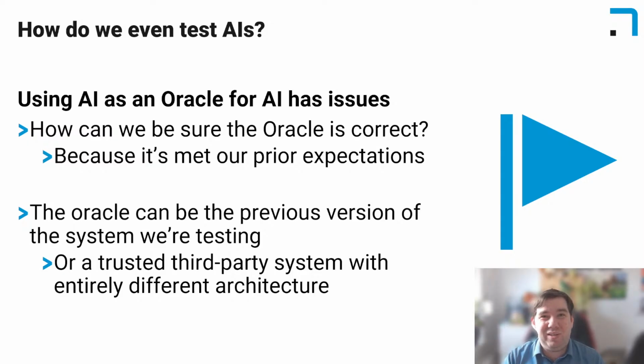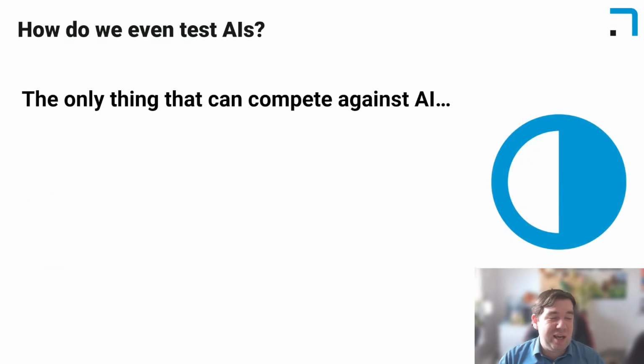But the oracle can still process what our new AI outputs and is able to get some results from that. Because AIs are efficient, they are fast-paced. So I think that the only thing that can really compete against AIs is AI itself. I think using an AI test oracle can actually be a really great idea, depending on our system.